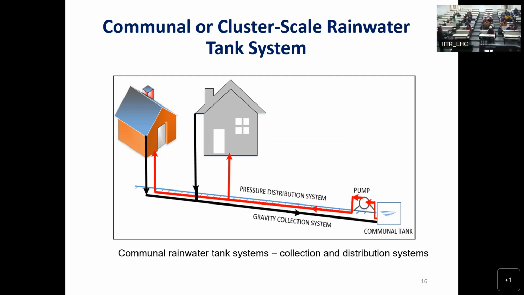So this is how the systems are normally designed. We have a dual water pipe network. One is for collection, which is by gravity. And in case the topography is almost flat, you can't have a system for a bigger number of houses, because the depth of the gravity system will start increasing.